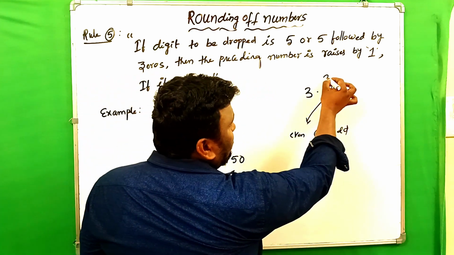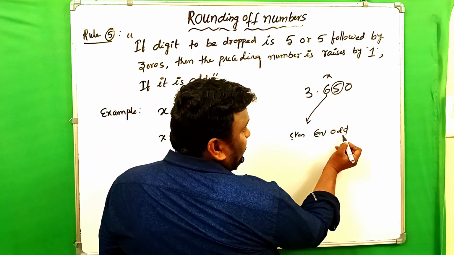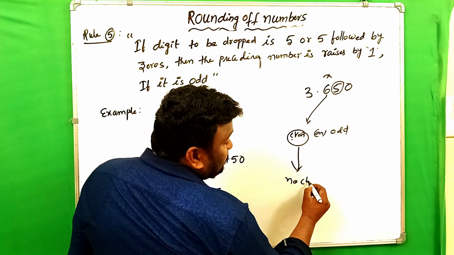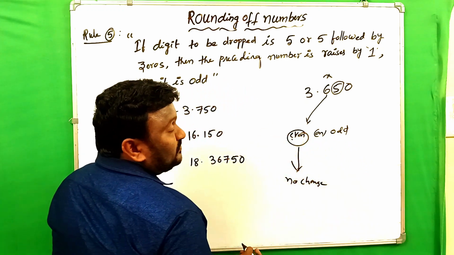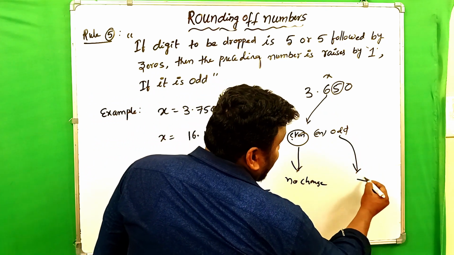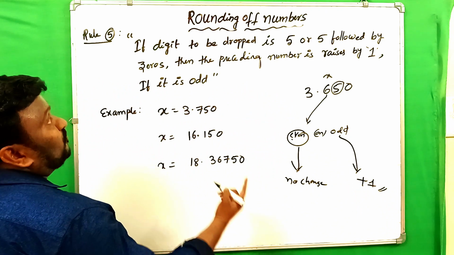Whatever the number maybe, say x, we check if it is even or odd. If it is even, there is no change to the preceding number. Clear? If it is odd, that should be raised by 1. That is the rule here.